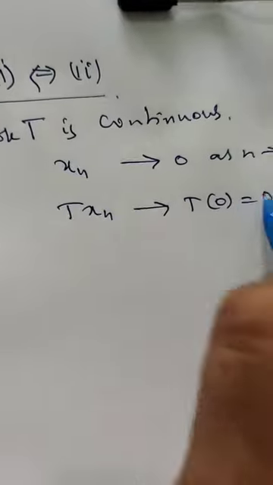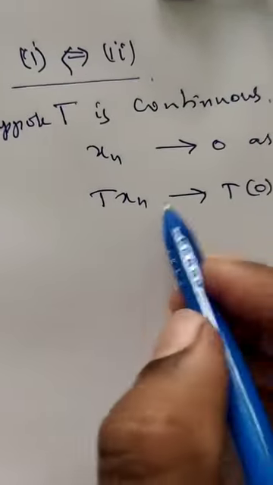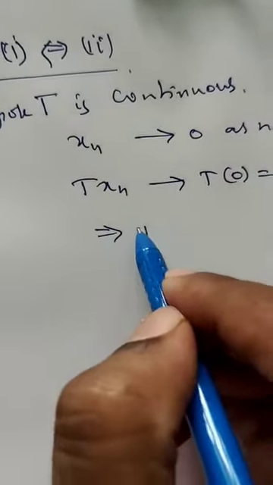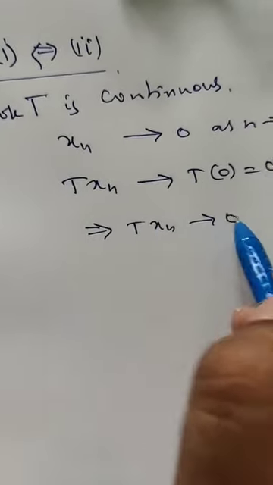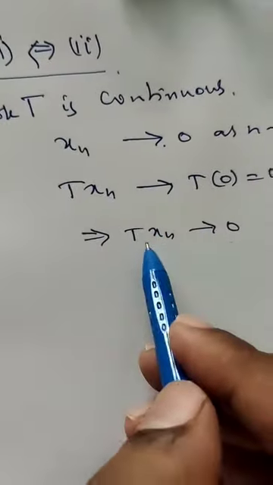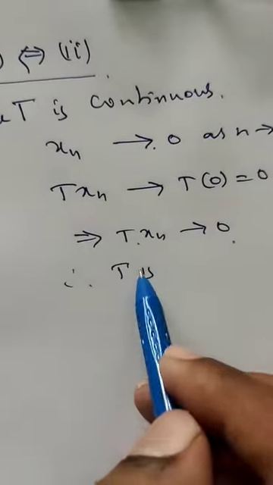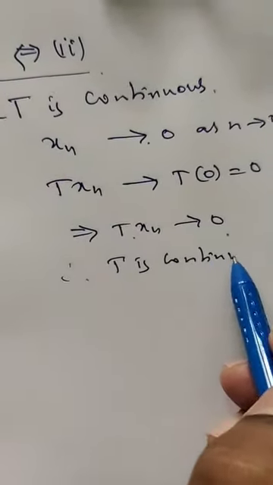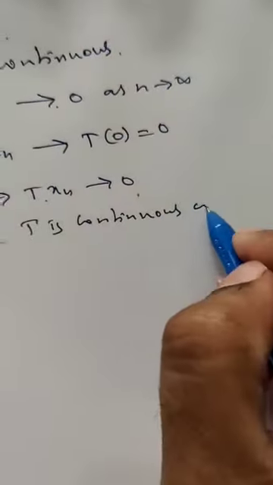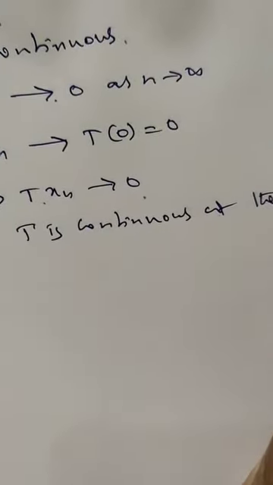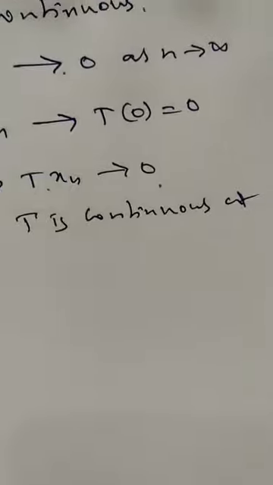But T of 0 is 0, so T of xn converges to 0. Thus xn converges to 0 implies T of xn converges to 0. Therefore, T is continuous at the origin.